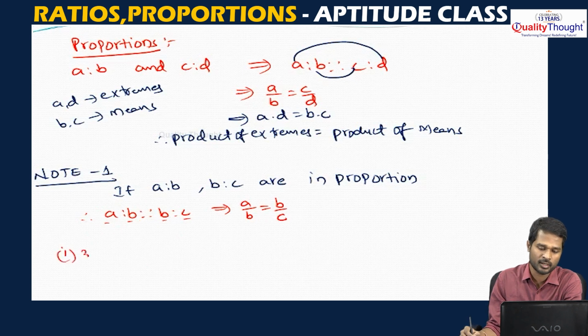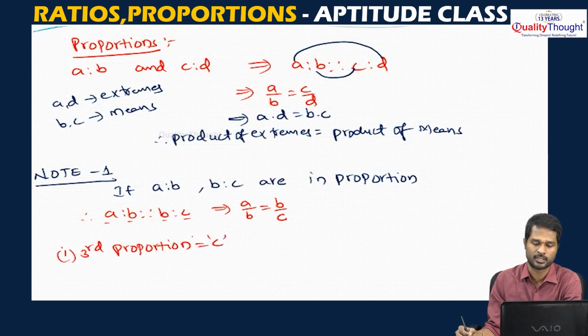So, C is called the third proportion, and we have the mean proportion here.